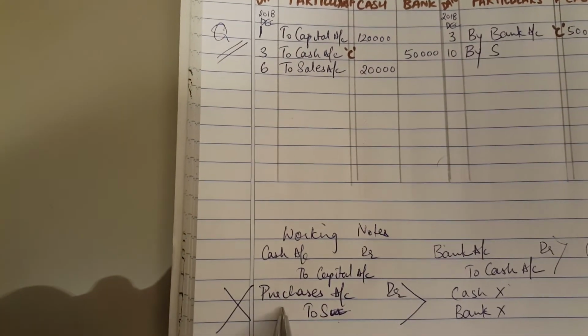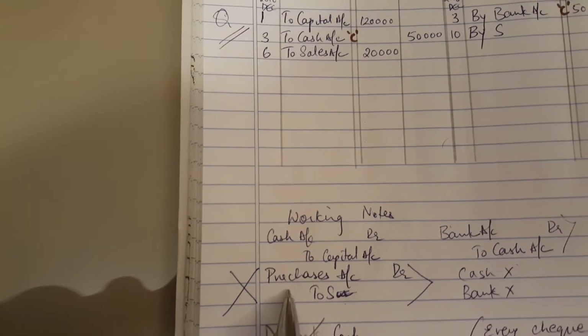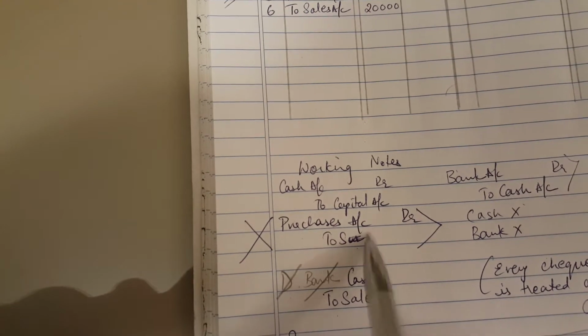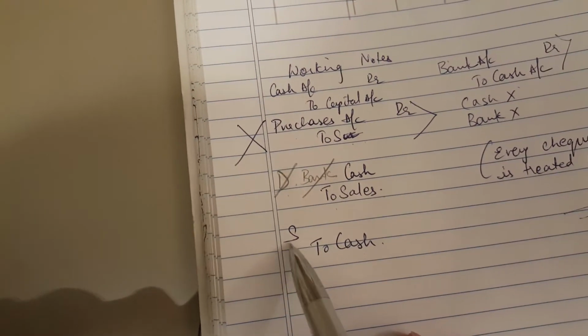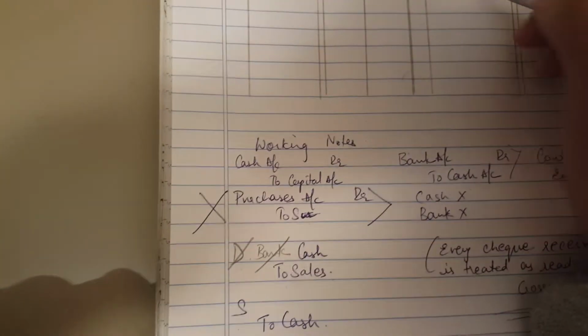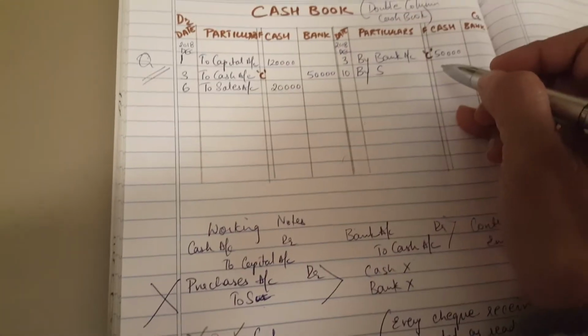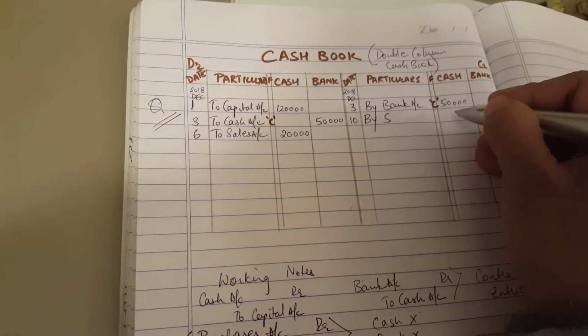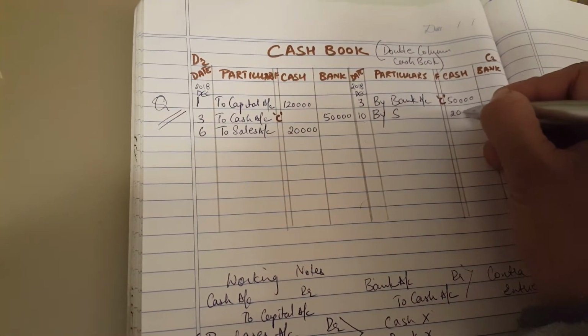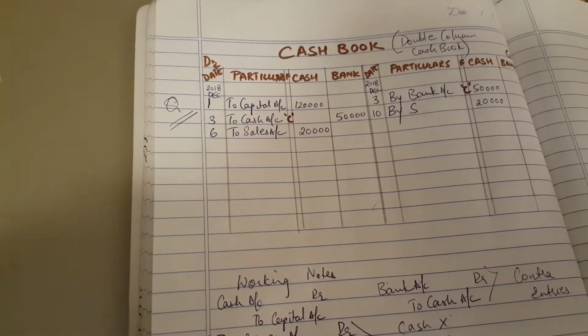You are making the payment because of purchases, definitely correct, but your purchases payment is made to S as cash. So your entry involved is S to cash. So you will write over here by S on the credit side and you will put the amount in the cash column itself, which is 20,000 rupees.